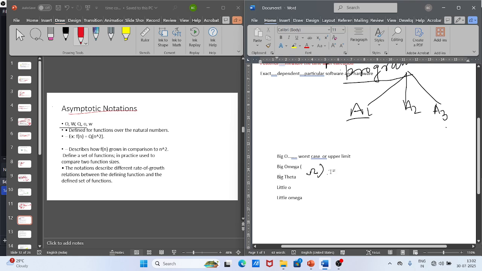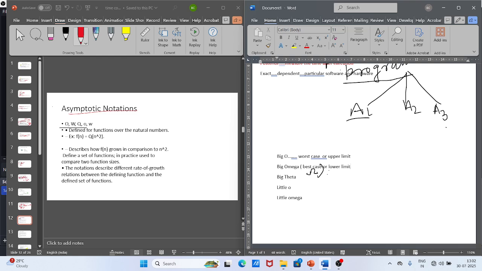Big omega is basically used for best case, or lower limit, or it describes the lower limit.